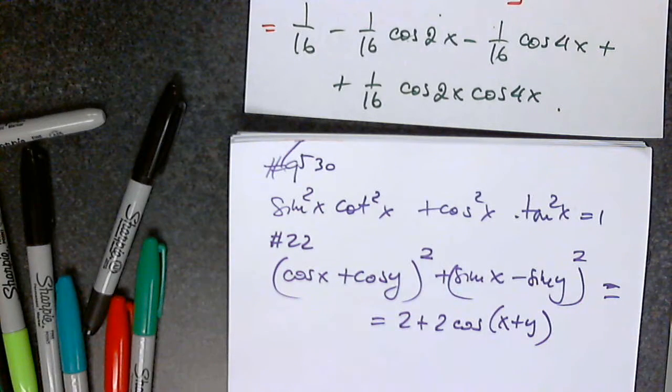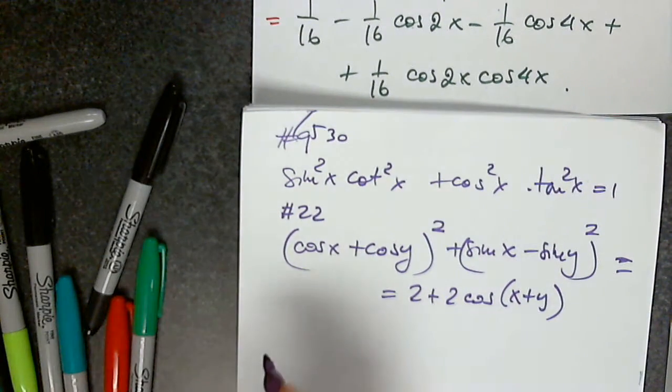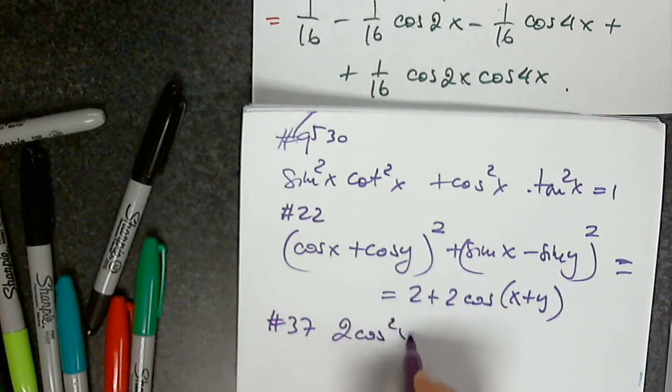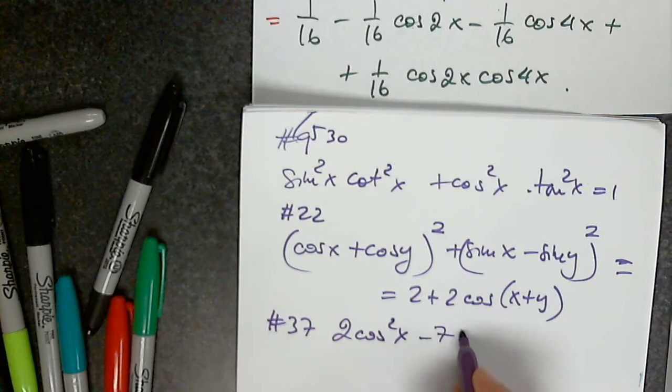Just copy the first one, finish it up, and then we'll go to the next. Then I would like to work on 37. Just copy them after we finish the first one. 2 cosine squared x sequentially.